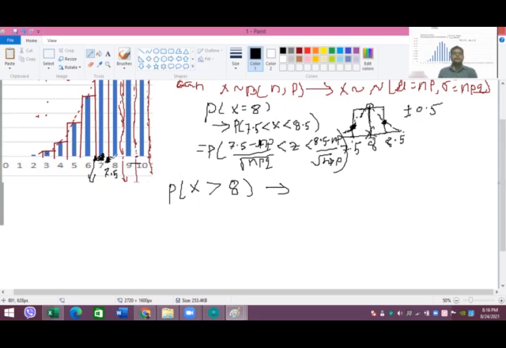You can see on this histogram or normal curve, it should not include 8, but it should touch the first nearest continuous point, which is over here, which is 8.5. So you can write here, after continuity correction, x is greater than or equal to 8.5. That means we have reached the continuous point, and also 8 is not included.